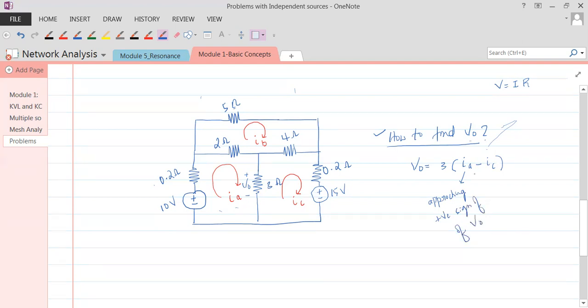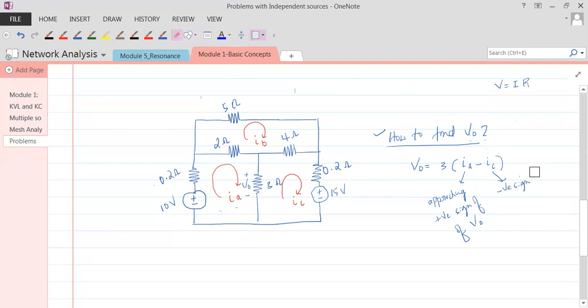This is approaching the negative sign. Everybody understand that? Since IA is approaching the positive sign of V naught, it is positive. Since IC is approaching the negative sign of V naught, it is taken as negative. So it is 3 into IA minus IC. Everybody understand that point? Okay.